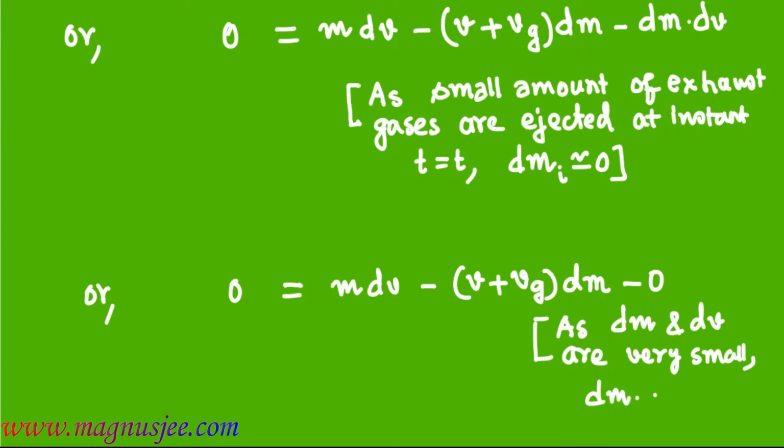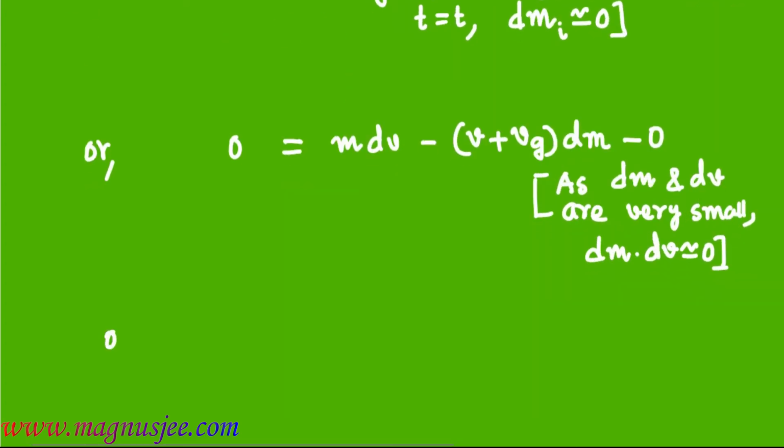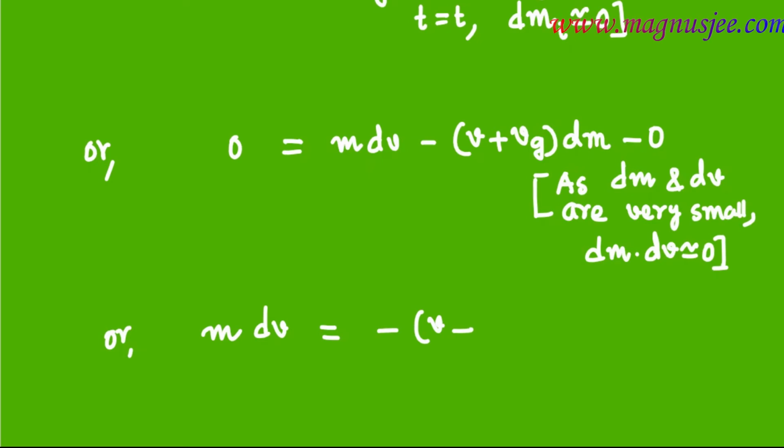As dm and dv are both very small, the product of two very small quantities will be approximately equal to 0. Hence dm dv is approximately 0, or m dv equals (v plus vg) into dm.